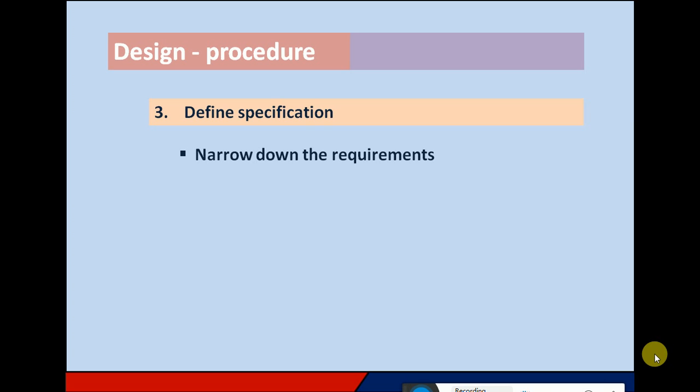Then specification. We should narrow down the requirement. For this we need to do a feasibility study, in terms of commercial or financial as well as technical. And after that we should finalize the specification of that product.